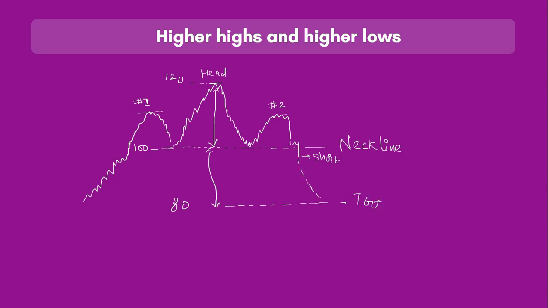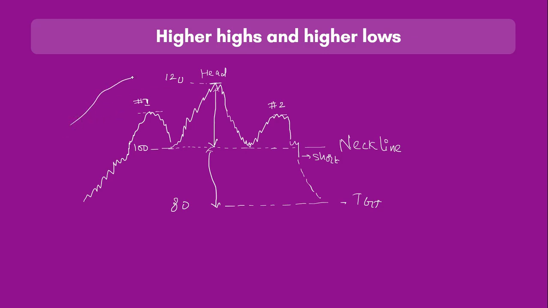Now for others who are just seeing the head and shoulders pattern, it might be a new concept, but for us who have already seen how higher high, higher low, lower high, lower low and swing patterns establish, this is a common pattern. Why?